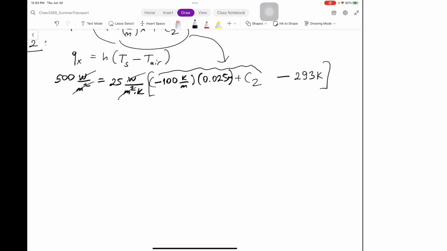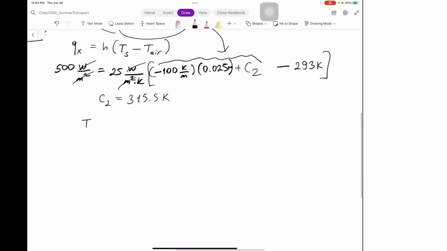So let's see, that's 20 plus 293 plus 2.5. So C2 is equal to 315.5 in kelvins.